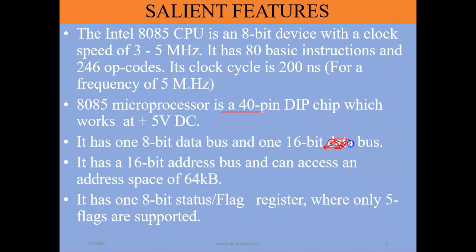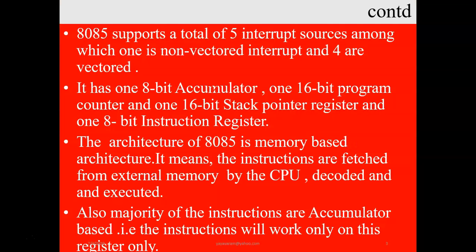The 8085 supports a total of 5 interrupt sources, among which one is a non-vectored interrupt and the other 4 are vectored interrupts. I will discuss vectored and non-vectored interrupts in the coming videos.